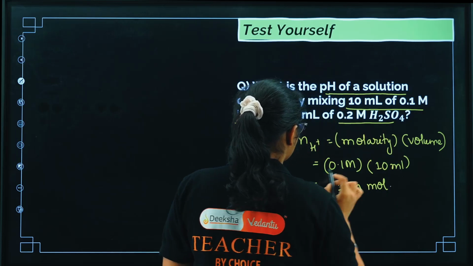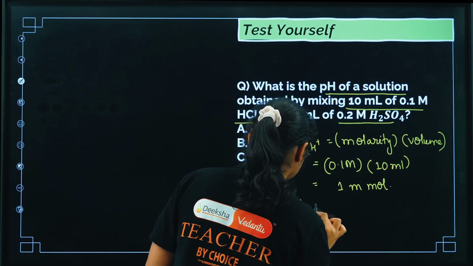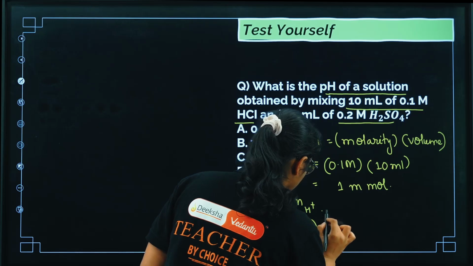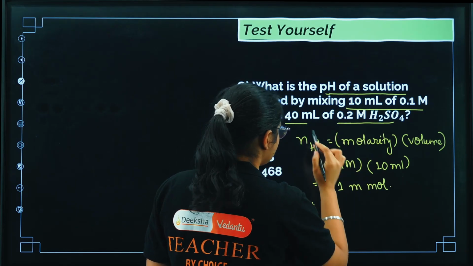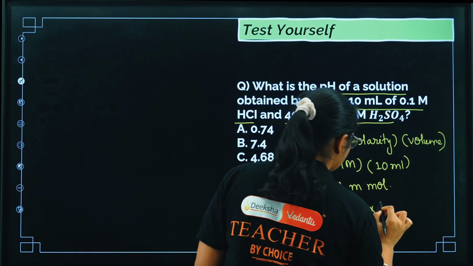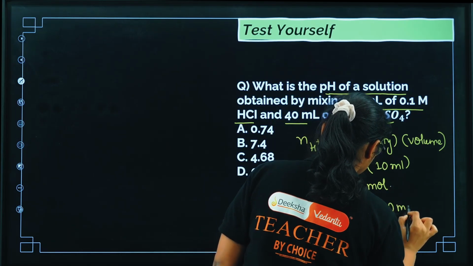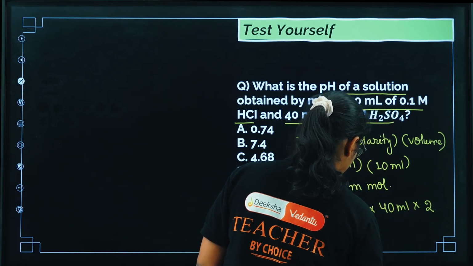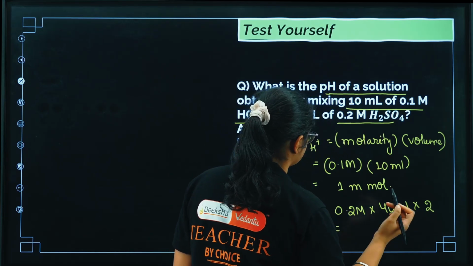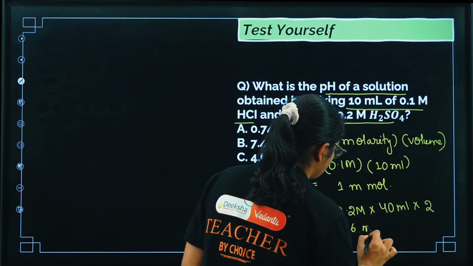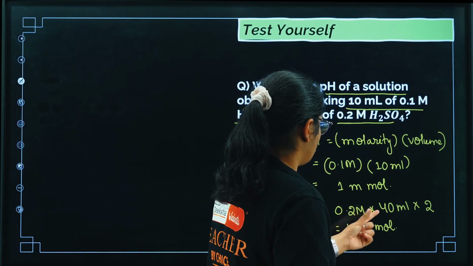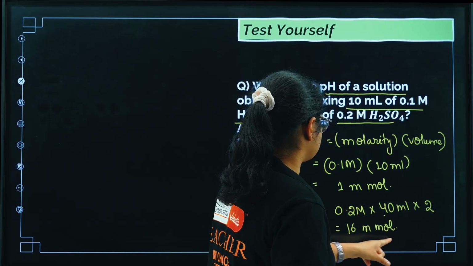Next, coming to the number of moles of H plus from H2SO4. So we will have 0.2 M into 40 ml into 2. So 40 into 2 is 80, 80 into 0.2 is 16 millimoles, right?